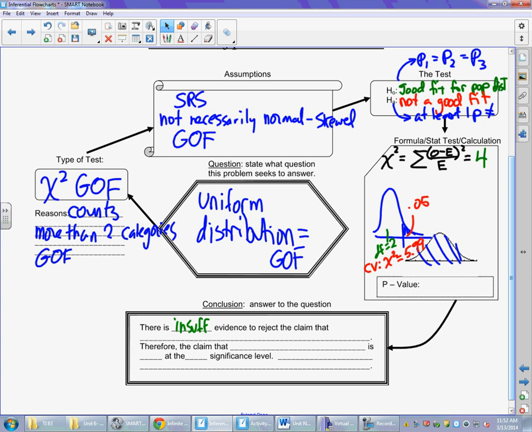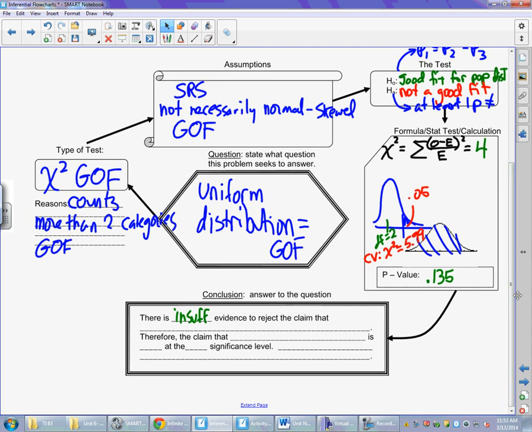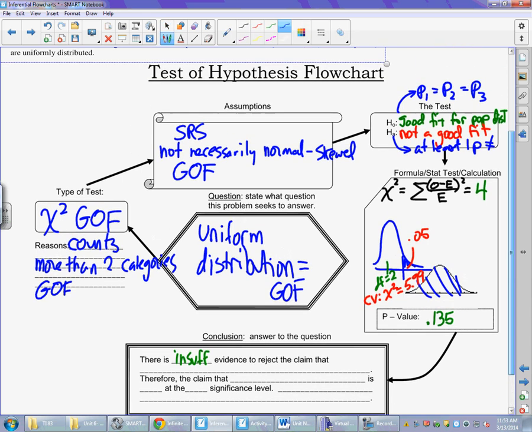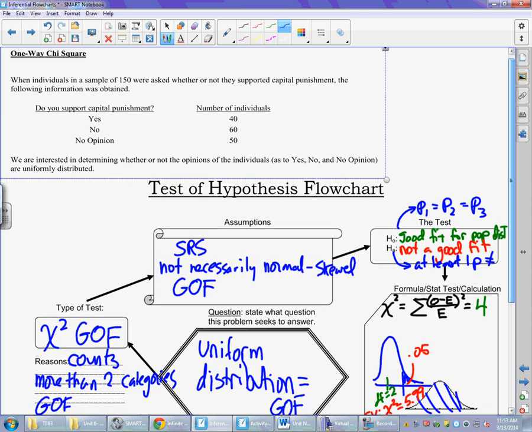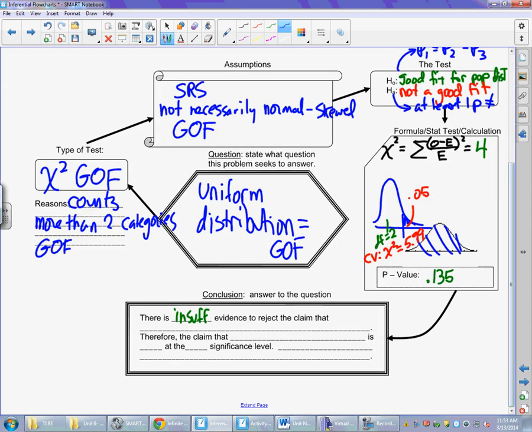0.135? 0.135. Okay, so 0.135 is our p-value. Insufficient evidence to reject the claim. We could say that the number of individuals per category is a good fit for the population distribution.